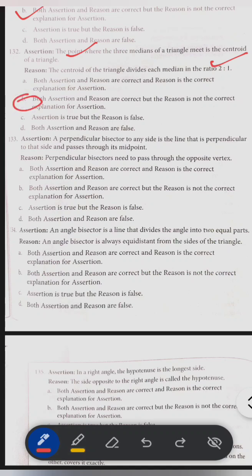Now question number 133. A perpendicular bisector to any side is the line that is perpendicular to that side and passes through its midpoint. Correct.